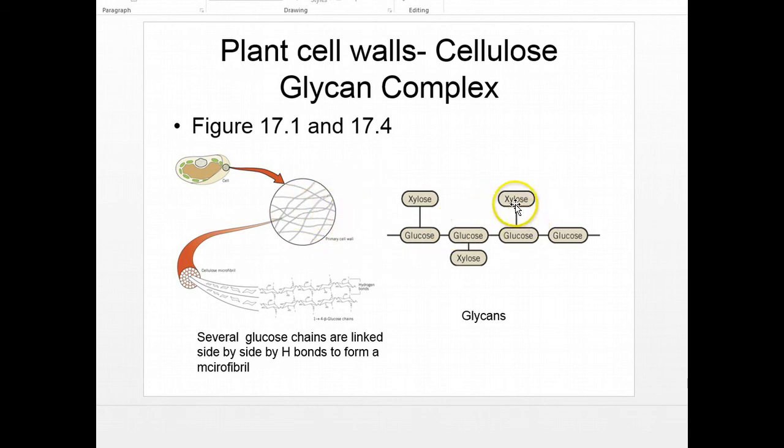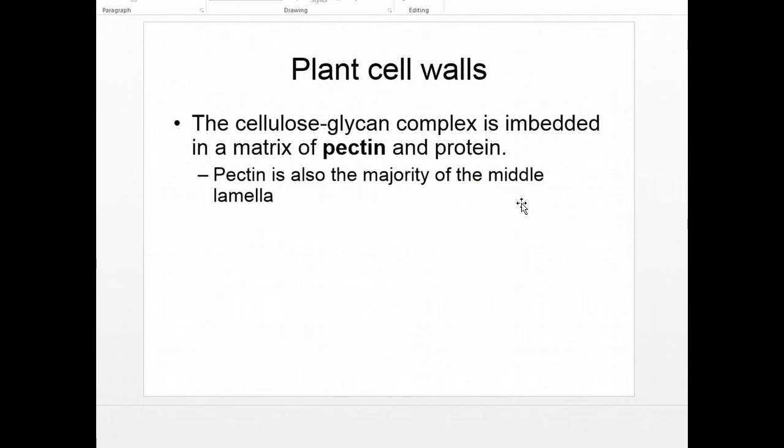And glycans just have other carbohydrates added to the glucose chain. So you've got this repeating glucose, and with glycans you can have xylose, you can have other compounds that are attached to it. So that then, just like I said, is embedded into the gel, the pectins and the hemicelluloses.